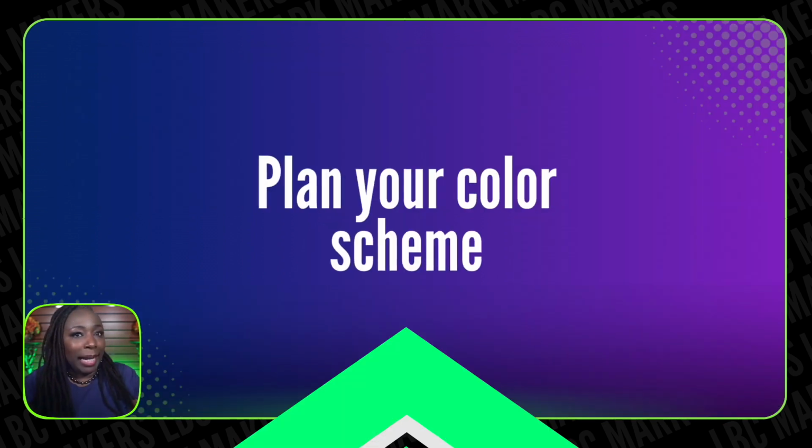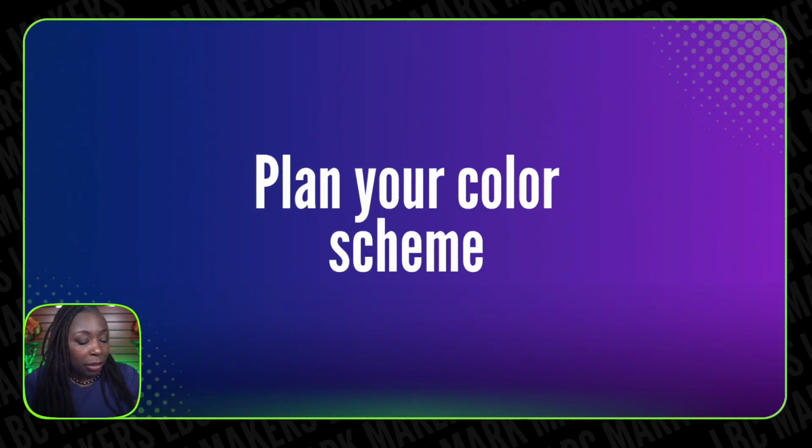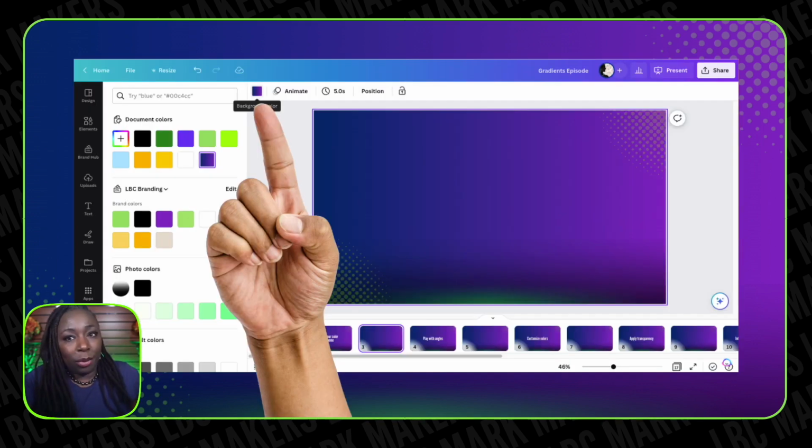The first tip, planning your color scheme. You can plan your color scheme using the gradient tool to have a more cohesive design as you're planning. So let's say, for instance, you have a blank canvas. Now, this particular canvas that you're seeing on screen right now already has a gradient applied, but I can show you where you can find it.